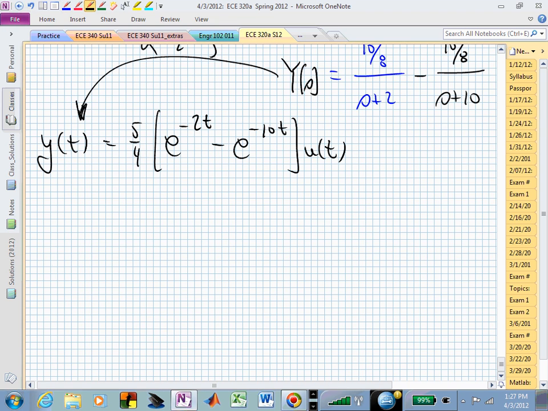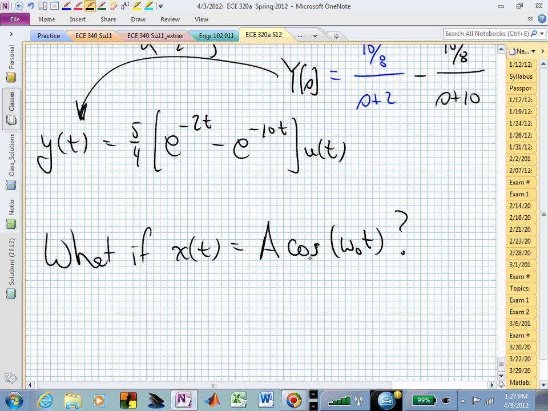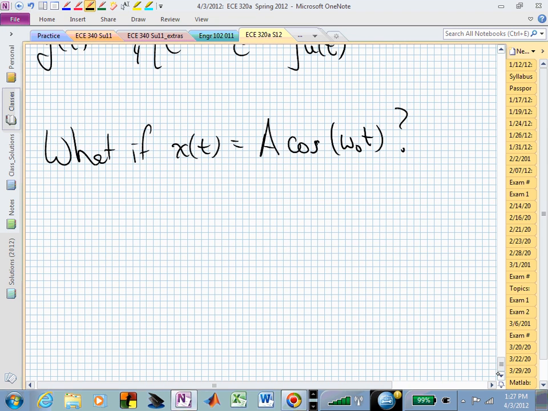What if the input is a cosine omega naught t? Let's just think about this in the frequency domain.